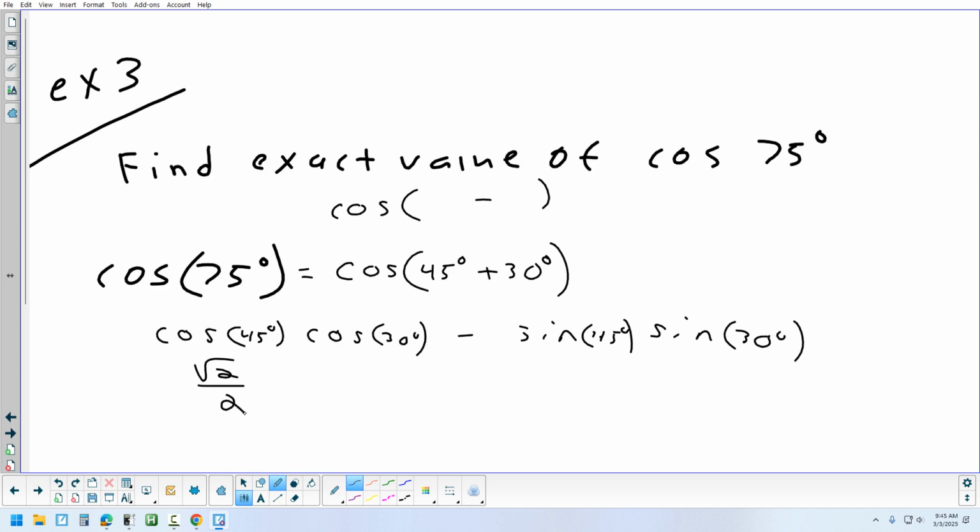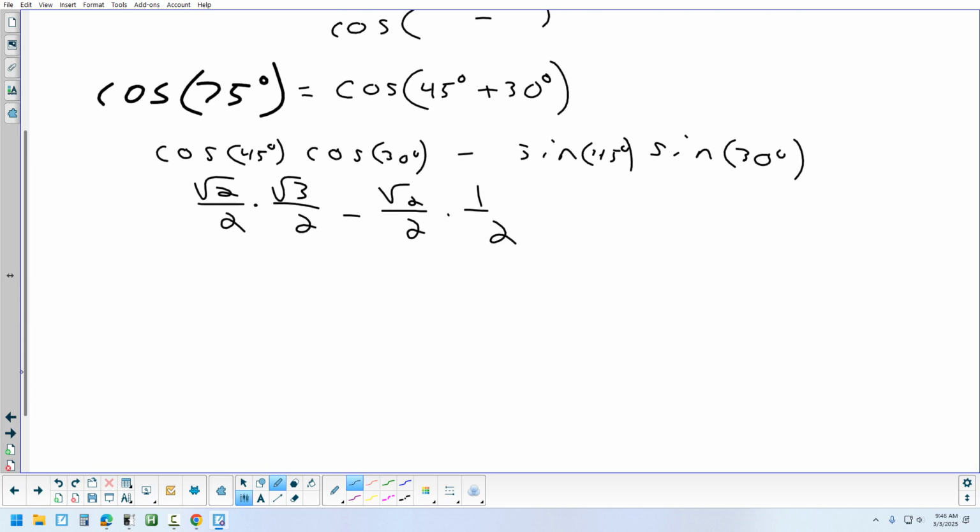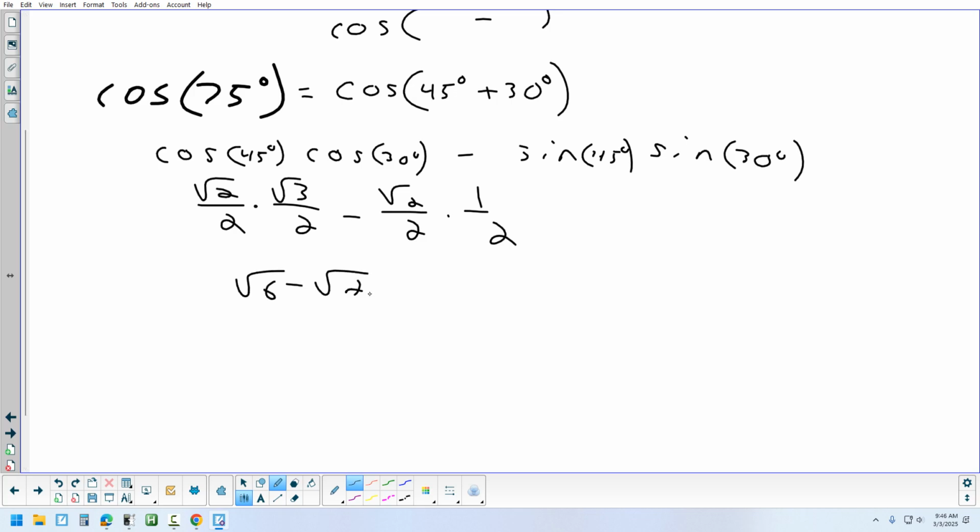Cosine of 45 is root 2 over 2. Cosine of 30, does anybody remember that one? Yeah? Root 3 over 2. Sine of 45, root 2 over 2. And the sine of 30? 1/2. So the answer looks very similar to what we had when we did 15. It's root 6 minus root 2 all over 4.